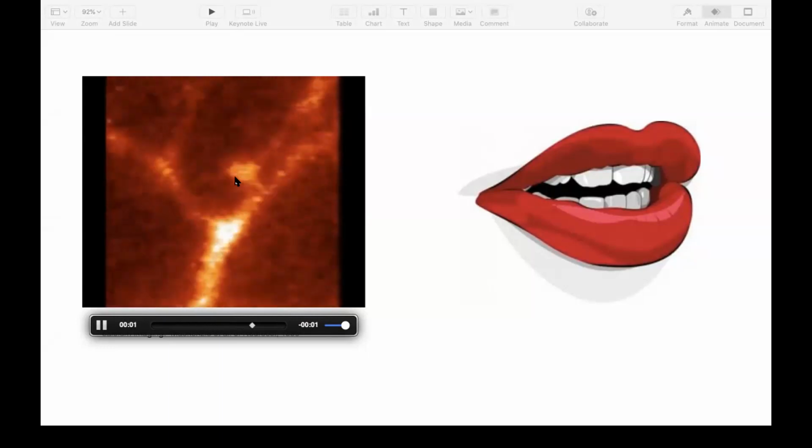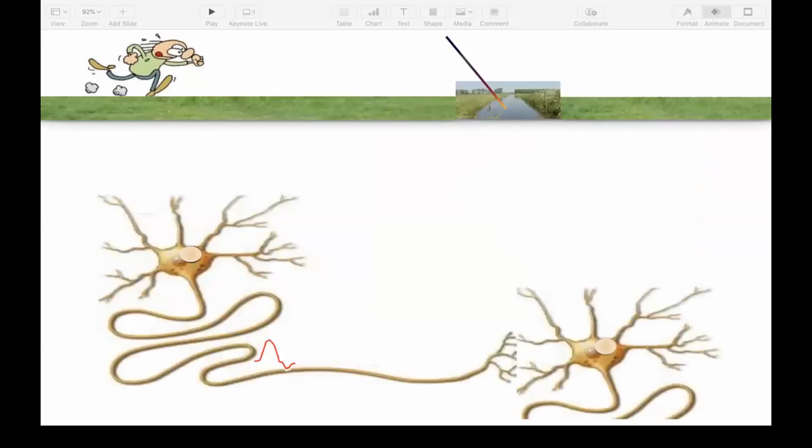Now, in order for this process to occur, a lot of requirements have to be fulfilled. And I often use this cartoon showing an action potential. That's the little guy on the top, and the two neurons on the bottom, neuron A and B, that like to exchange information.